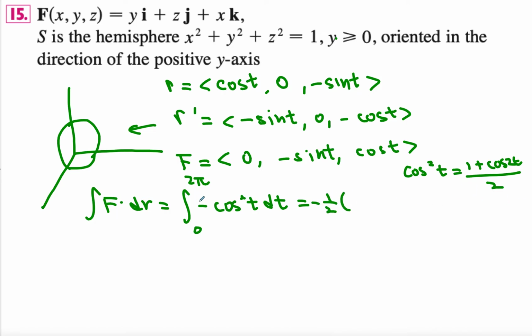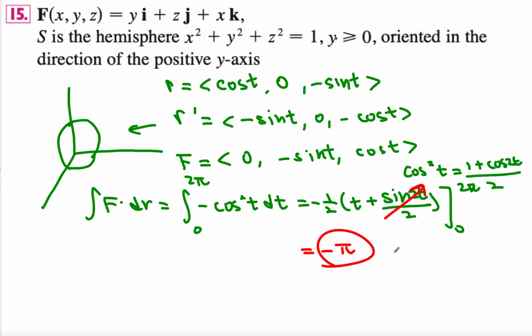I'm going to pull that out with a negative sign. I had 1, but 1 now becomes t, and then plus sine of 2t over 2. That goes from 0 to 2 pi. Of course, when it goes from 0 to 2 pi, this one becomes 0. What remains is negative pi. That's my final answer.